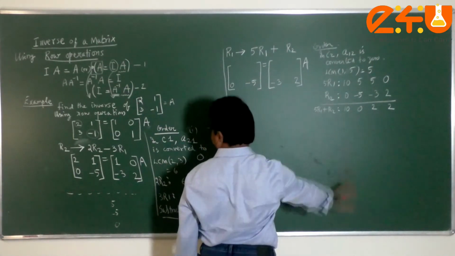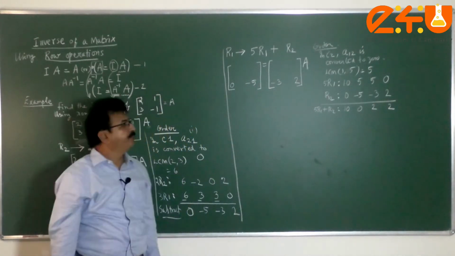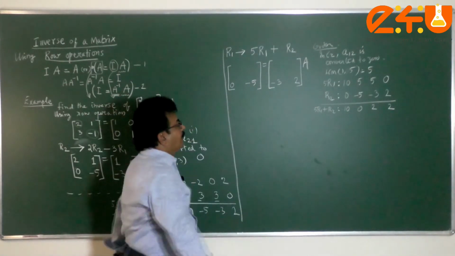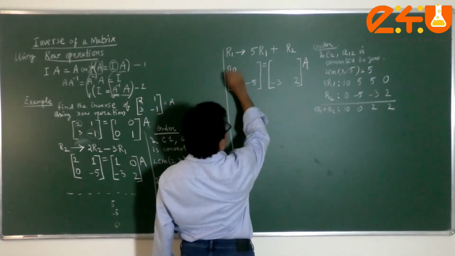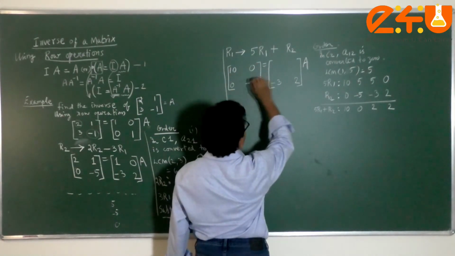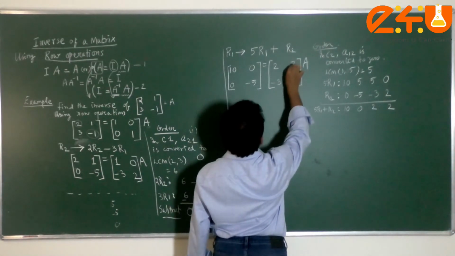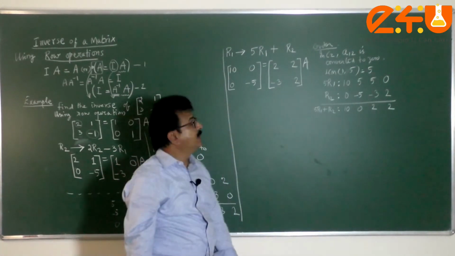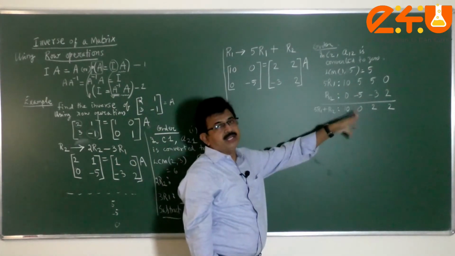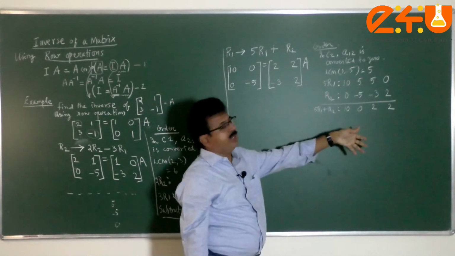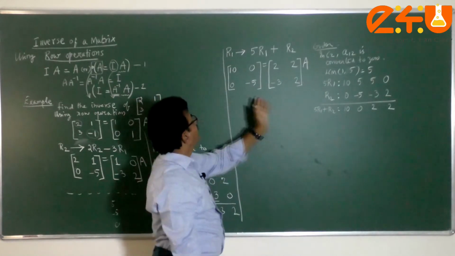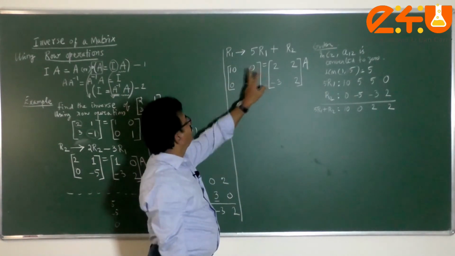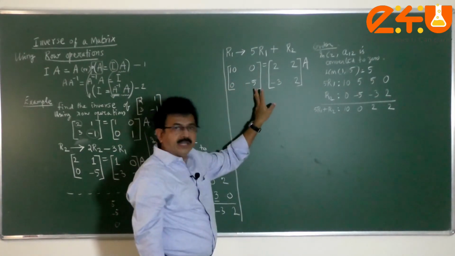Done. The result of the row operation is available, you have evaluated it in the rough column. Your job is just to copy now. The trouble of multiplication and addition you have already done. Copy the result here. You got the result as 10, 0 in row 1, 0, minus 5 in row 2.